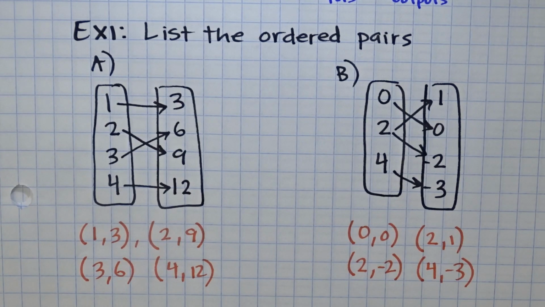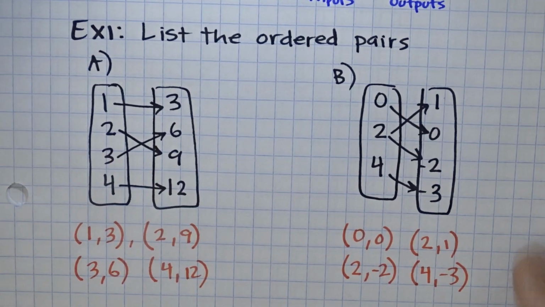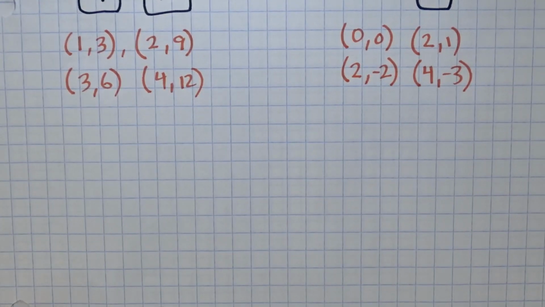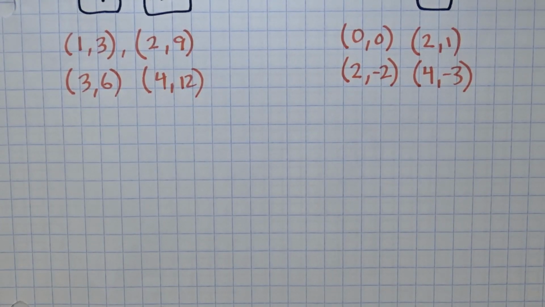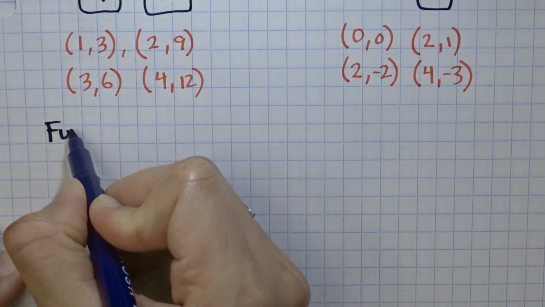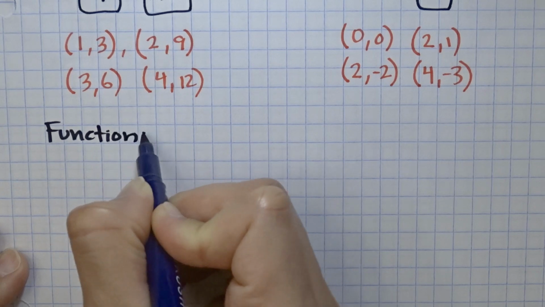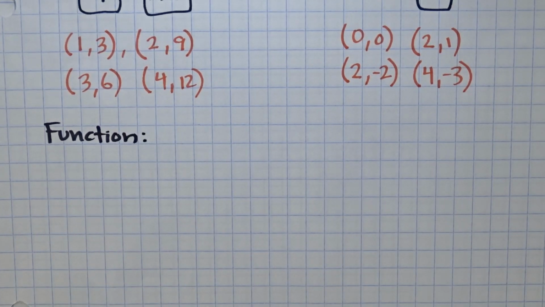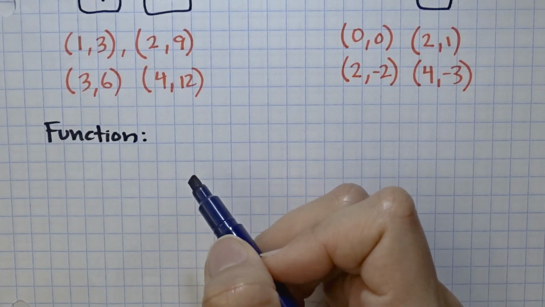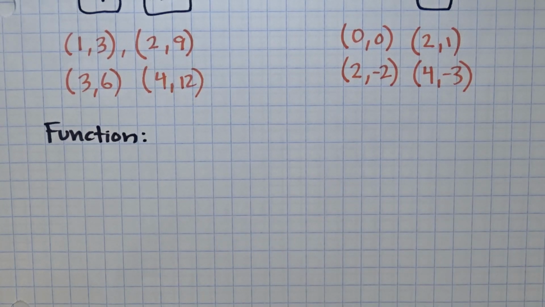And one thing we need to acknowledge is what a function is. So let's write the definition of a function. In pairing these ordered pairs, there's something that we have to look out for, and that is to find out if a relation is a function, that means every input only has one output.